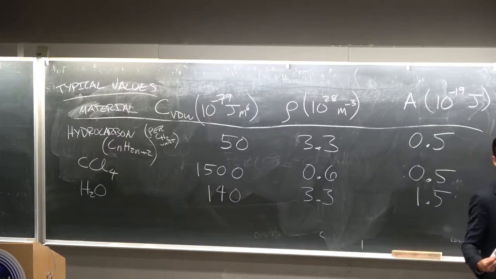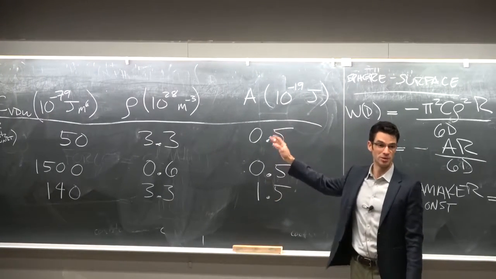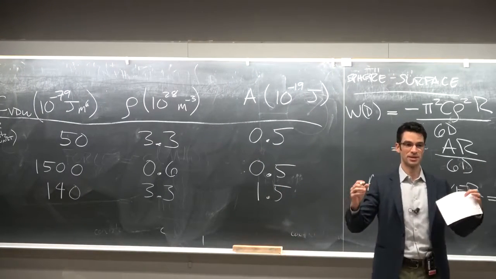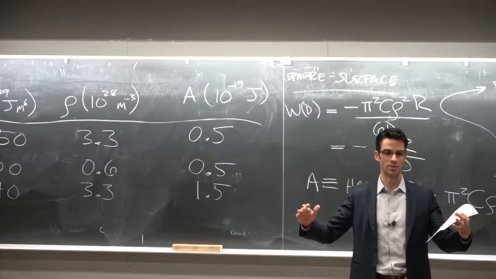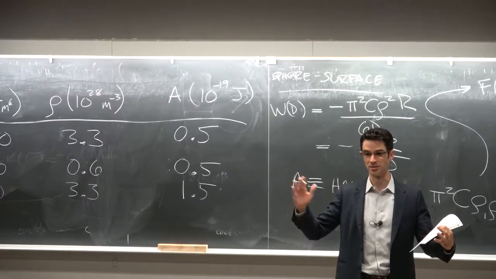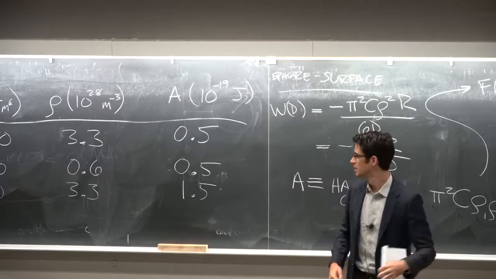In a dielectric environment, you can look these numbers up in a table. So if you're in a medium, it changes. It makes it a bit more complicated, but the Hamaker constants generally go down by 1 or 2 orders of magnitude, but they all go down.